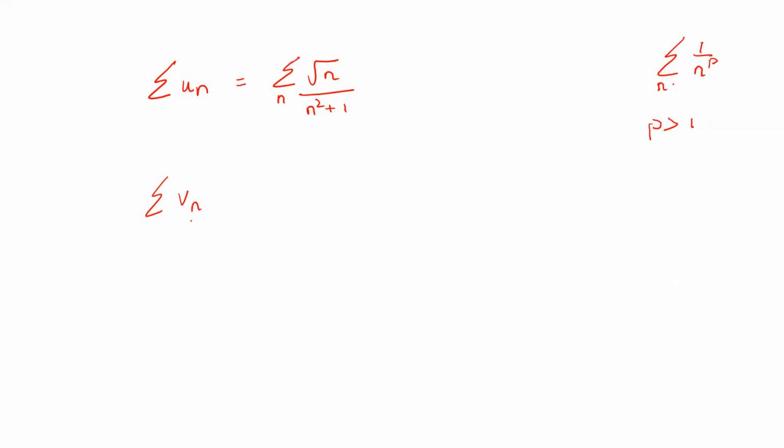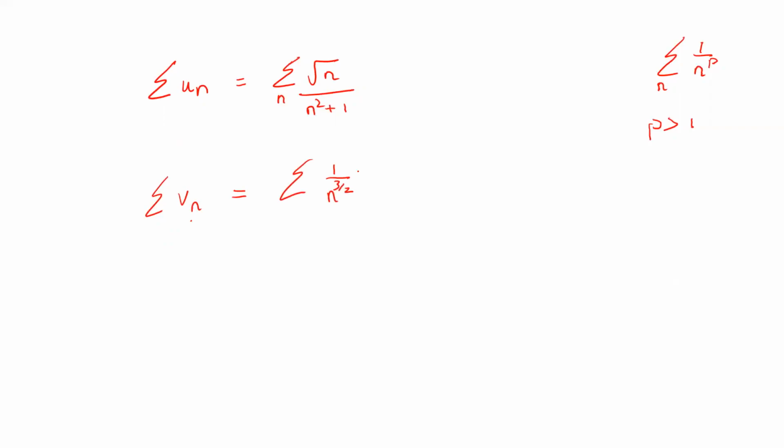Okay, so it's a convergent series. The series I'll take here to test with is 1 by n to the power of 3 by 2. This can otherwise be written as, this is equivalent to writing, square root of n divided by n square. So now let's take Un by Vn.